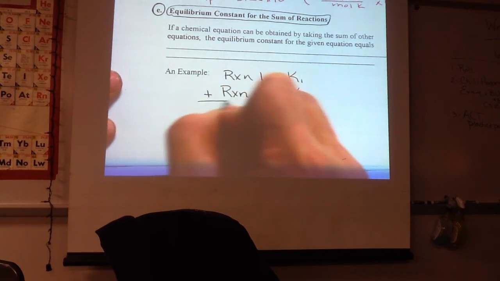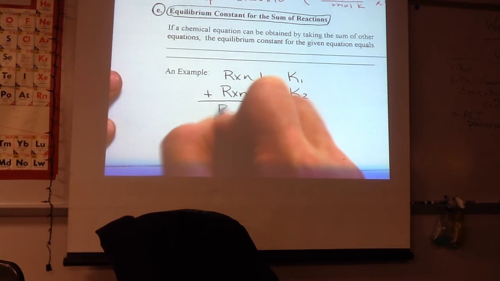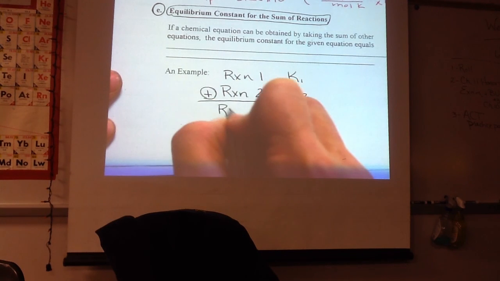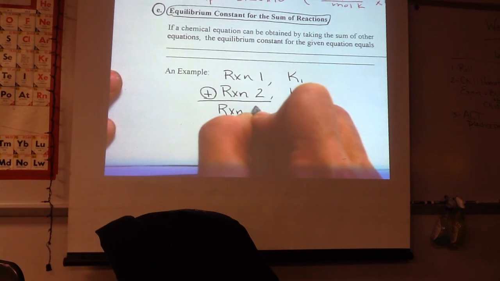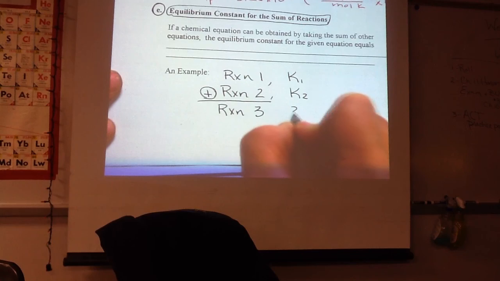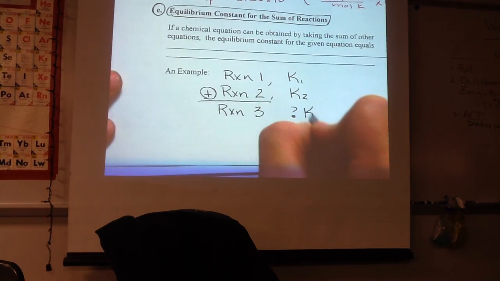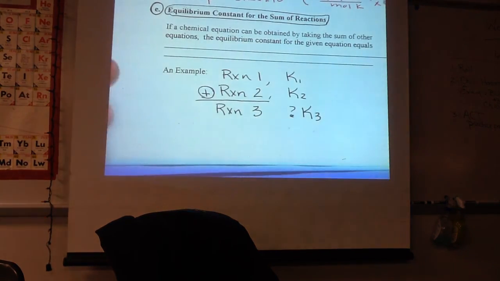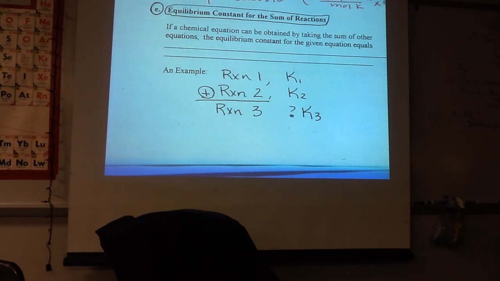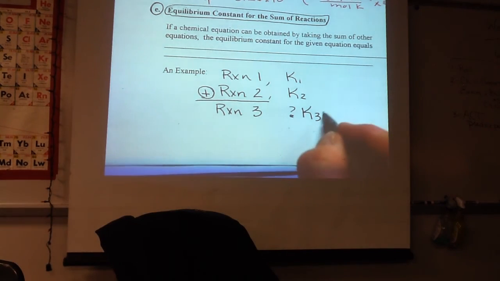And I say to you, let's say these are elementary reactions, and I say let's add those up, which then the sum of those would give me a reaction 3, and I'd say to you, what do you think the value of the K would be for the sum of the 2 reactions? Be careful, because it's not adding. Okay? It's multiplying.